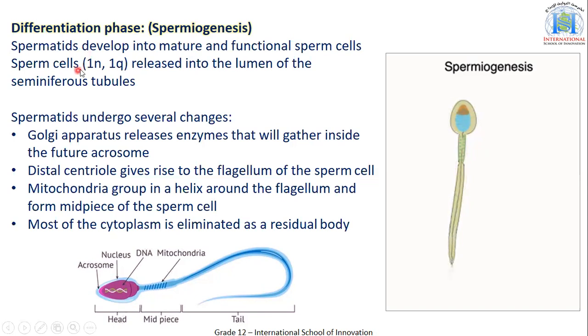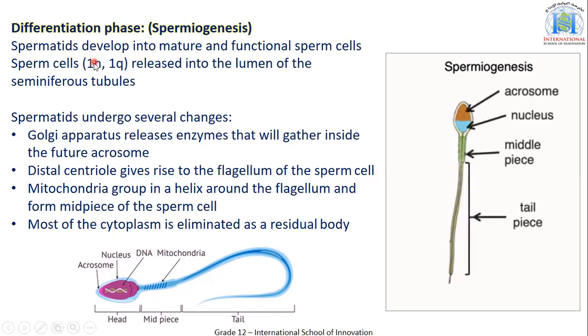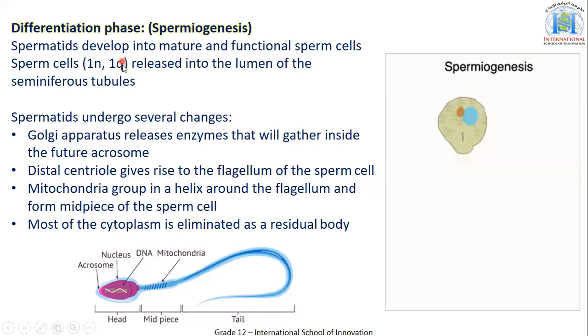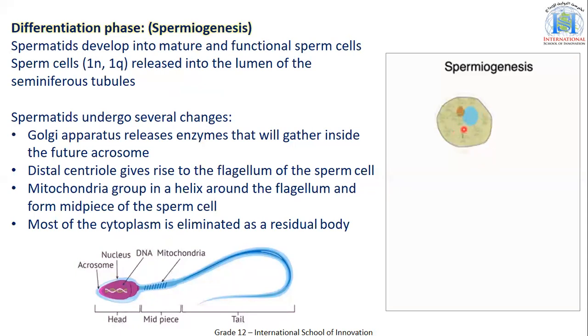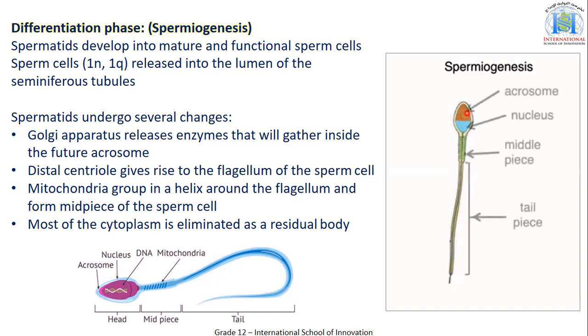Spermatids become sperm cells. No changes happen at the level of chromosomes. So N chromosomes, one chromatid, but changes happen at the level of the structure of the spermatid. First, we have the Golgi apparatus. This is a spermatid. The Golgi apparatus releases enzymes. They will gather inside the future acrosome. So this is the acrosome of the head of the sperm cell.